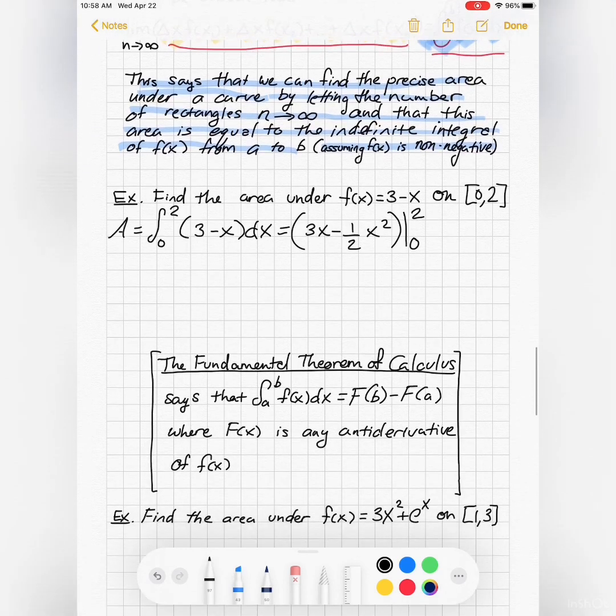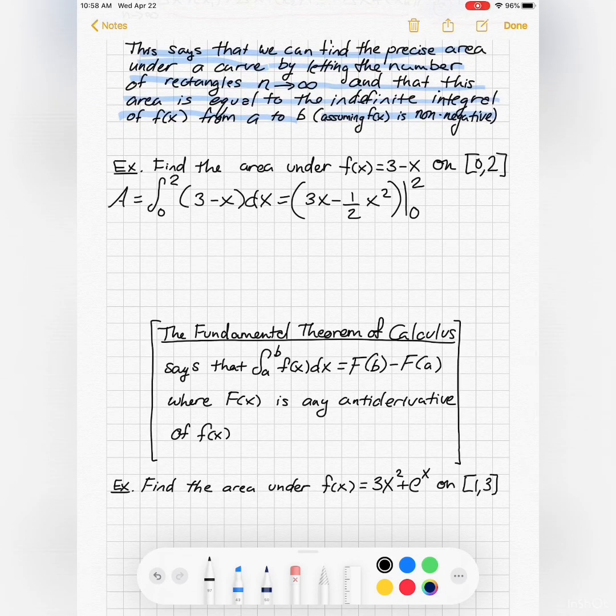So what I just did, if you want a technical explanation, we would call this the fundamental theorem of calculus. So this just says that to evaluate a definite integral like this one, I find the antiderivative, so that's what I did, the 3x minus a half x squared.